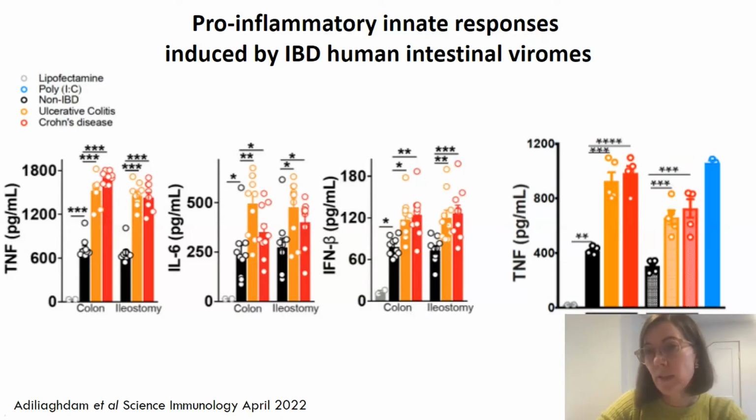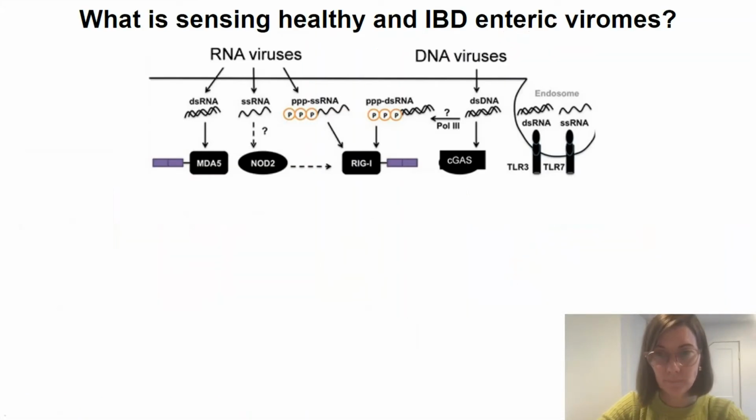And then similarly, we isolated RNA and DNA and transfected that in as equal amounts, and we could see that the IBD viromes very much provoke TNF production, even when transfected in at equal amounts.